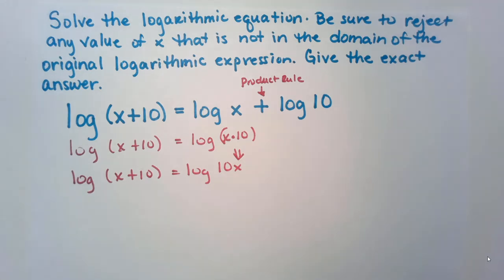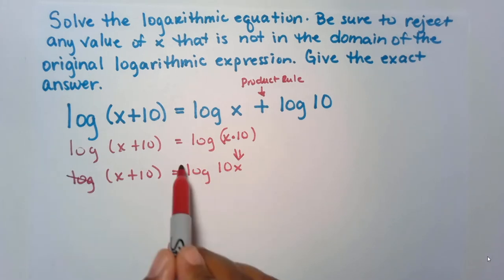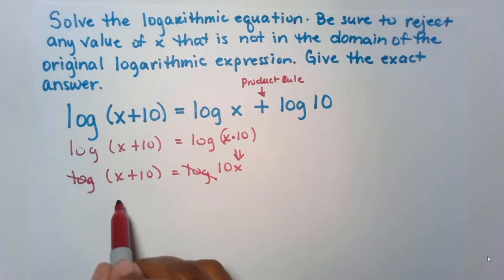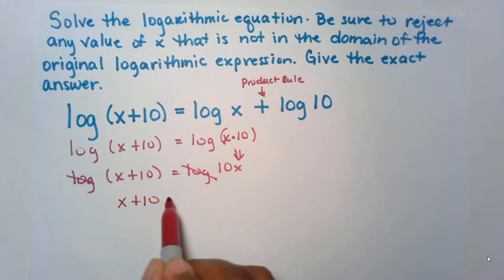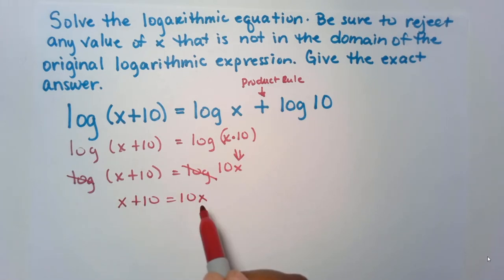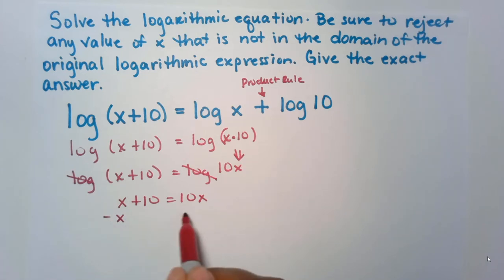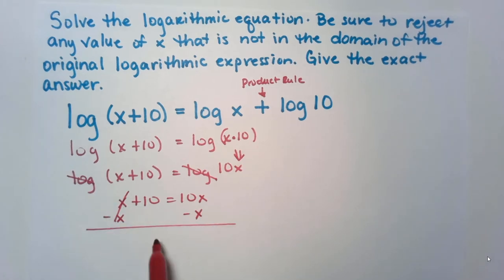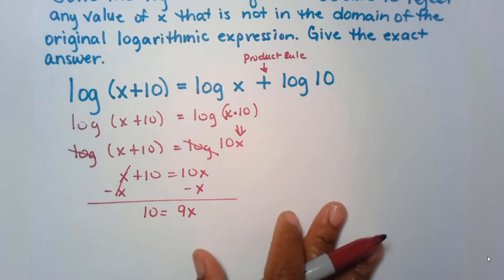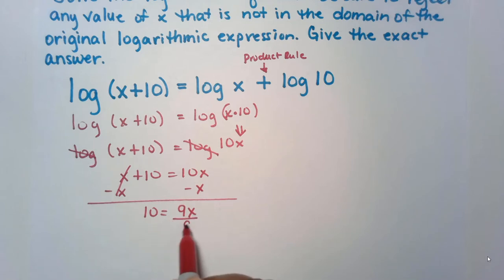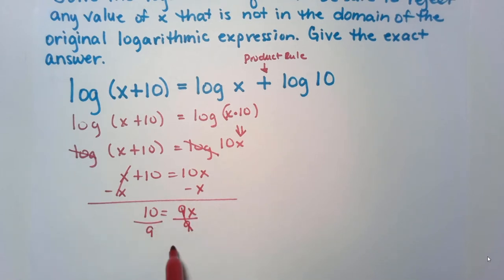So now that we have the logs on each side, we can drop the logs, focus on x plus 10 equals 10x, and then we're going to solve for x by subtracting x from both sides. We have 10 is equal to 9x. Divide by 9 on both sides, and we have x is equal to positive 10 over 9.